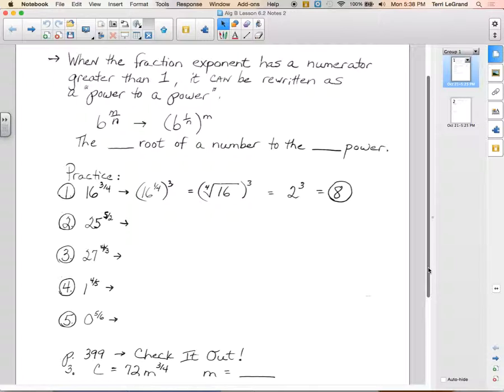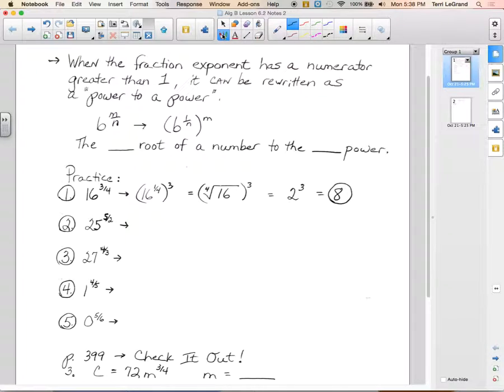Because remember, when we take a power to a power, we multiply their exponents. So if we have 1 over n and we multiply it times m, we can make that into a fraction by putting it over 1, so that we can see 1 times m upstairs is m, n times 1 downstairs is n, so we do end up with b to the m over n power.